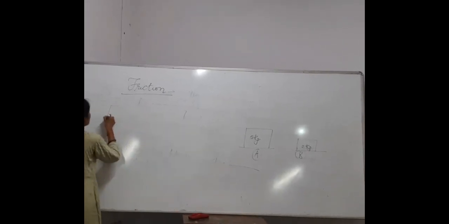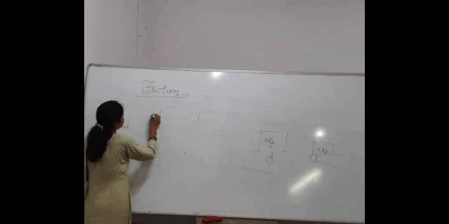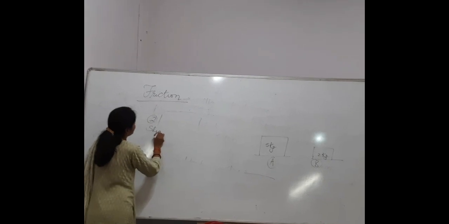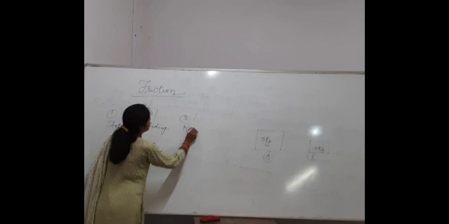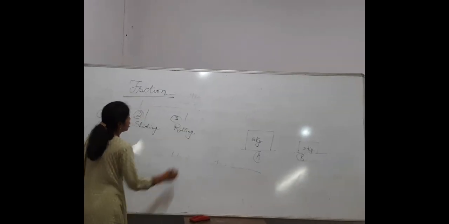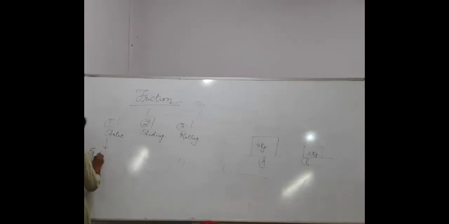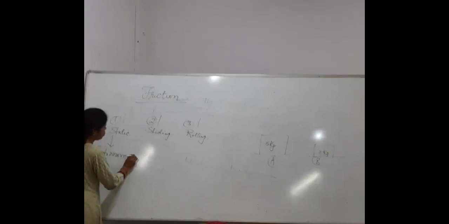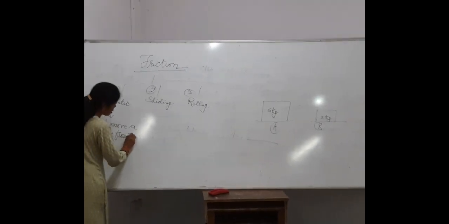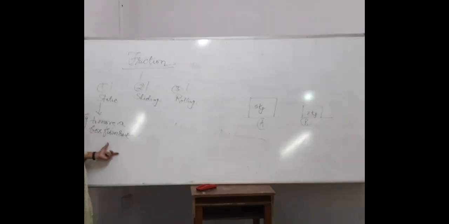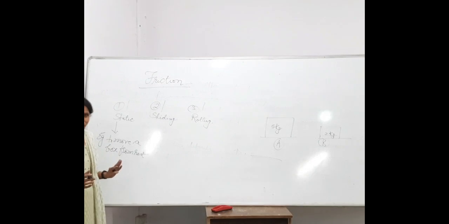Three types of friction. Number one is static. Number two, sliding. And number three, rolling. For example, to move a box from rest or to push a book from rest, you have to apply a lot of force.